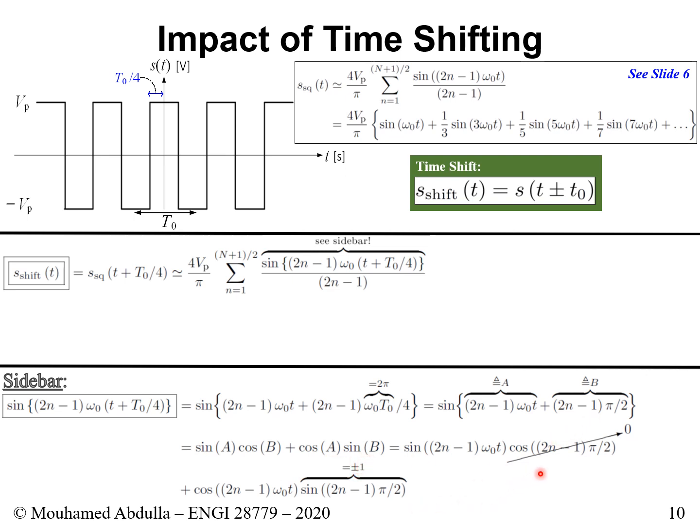Now, if you notice here, 2n minus 1, if you try it for the different values of 1, 2, 3, 4, this basically will be a sequence of odd numbers: 1, 3, 5, and so on. Any odd multiples of pi over 2, with a cosine, will always be 0.